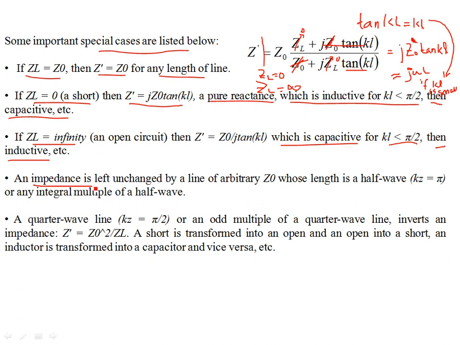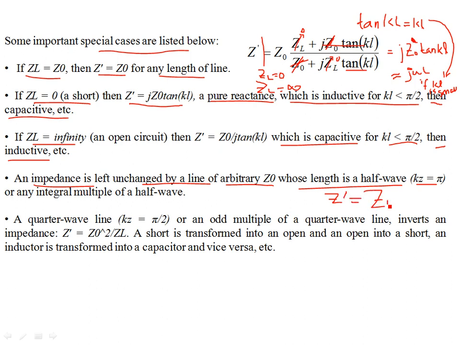So an impedance is left unchanged by a line of arbitrary Z0 whose length is half wave. If kL is equal to π, if the argument becomes π, then tangent of π is 0, and so Z' is basically equal to ZL.